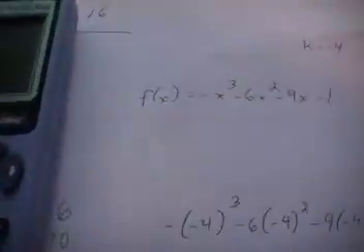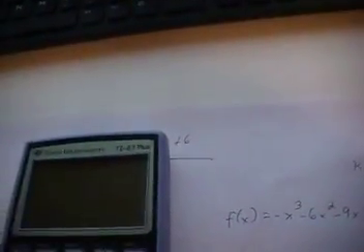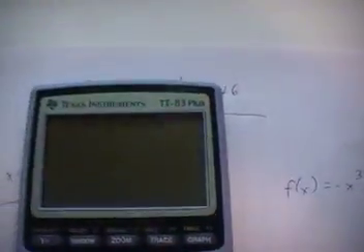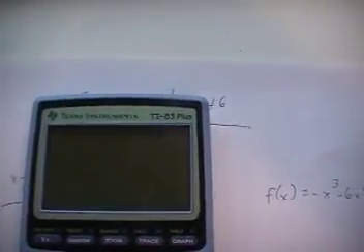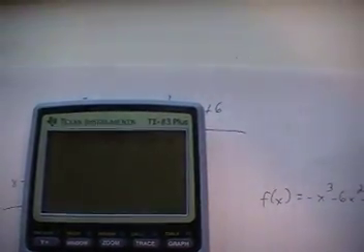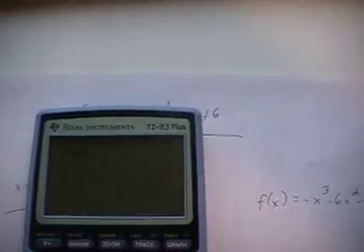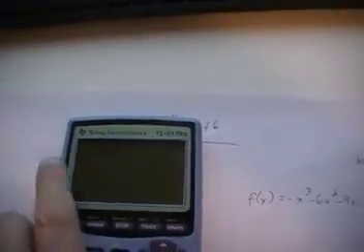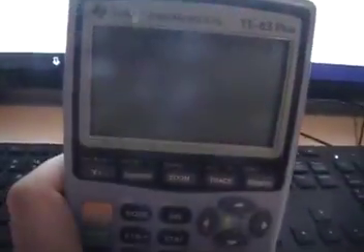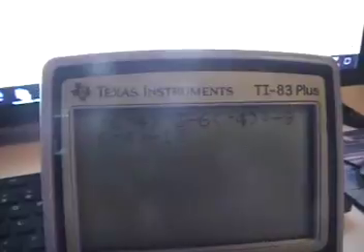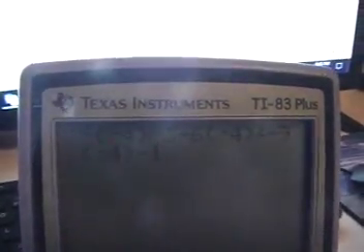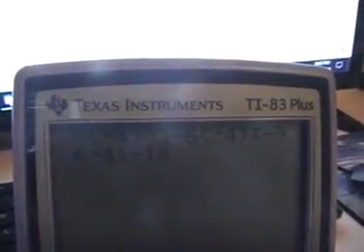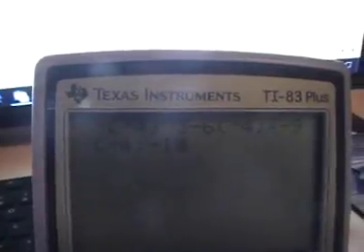Then keep going with minus 6 parenthesis negative 4 parenthesis squared minus 9 parenthesis negative 4 parenthesis minus 1. So I literally typed the whole thing all at once.